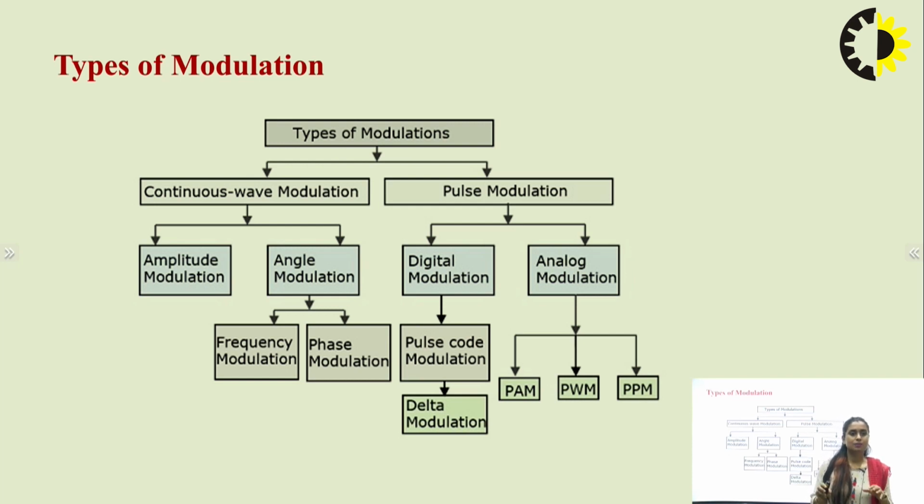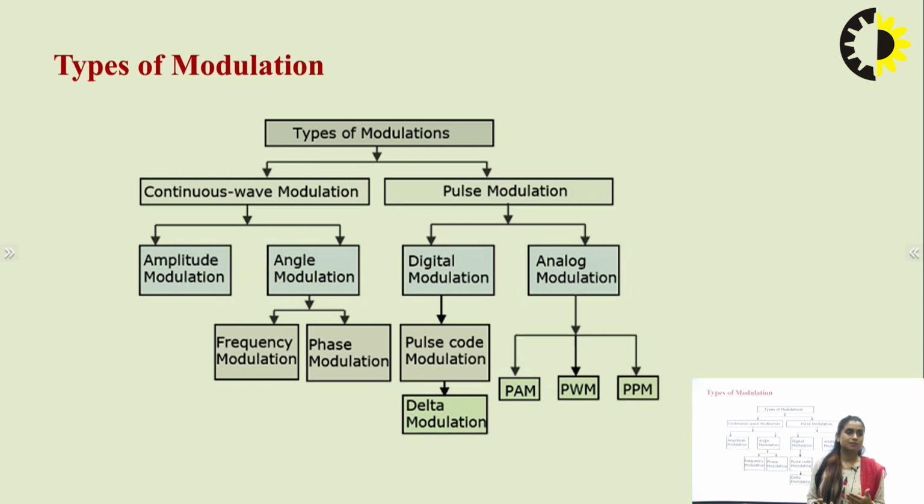And the basic blocks or elements associated with communication includes your information source, where the information is generated, that could be in the form of message, that is text, audio, video, pictures in any form, right? Then it has to go to transmitter, and before transmitter it has to be converted into the desired format.